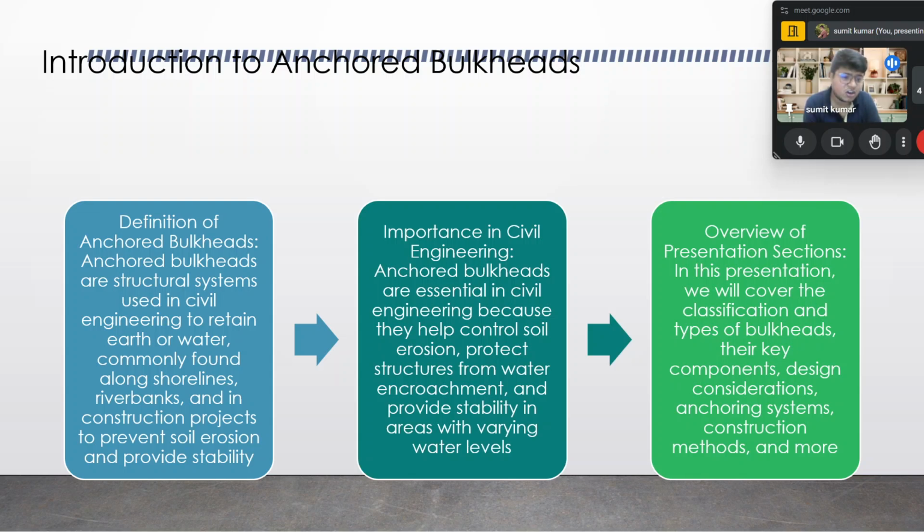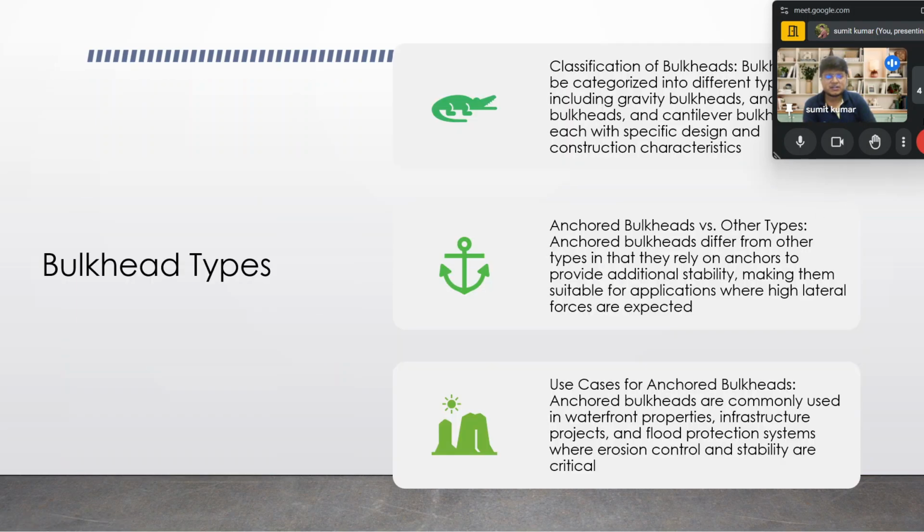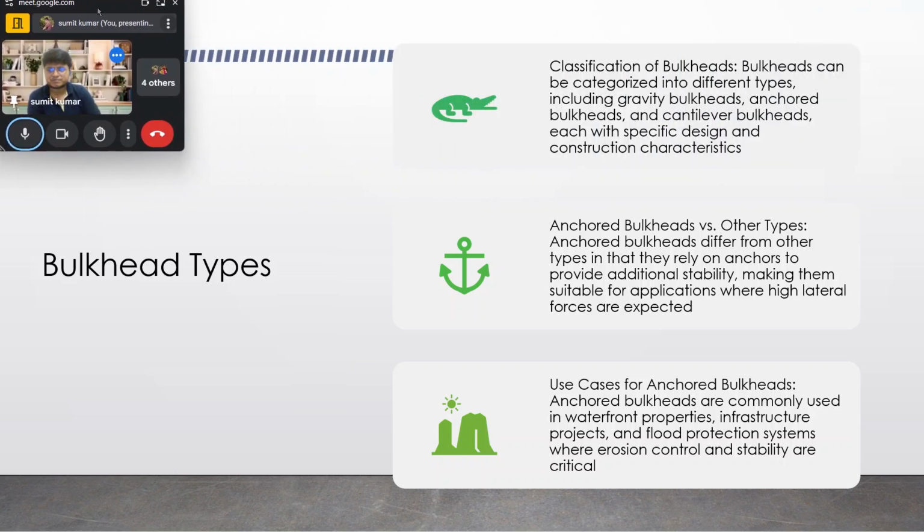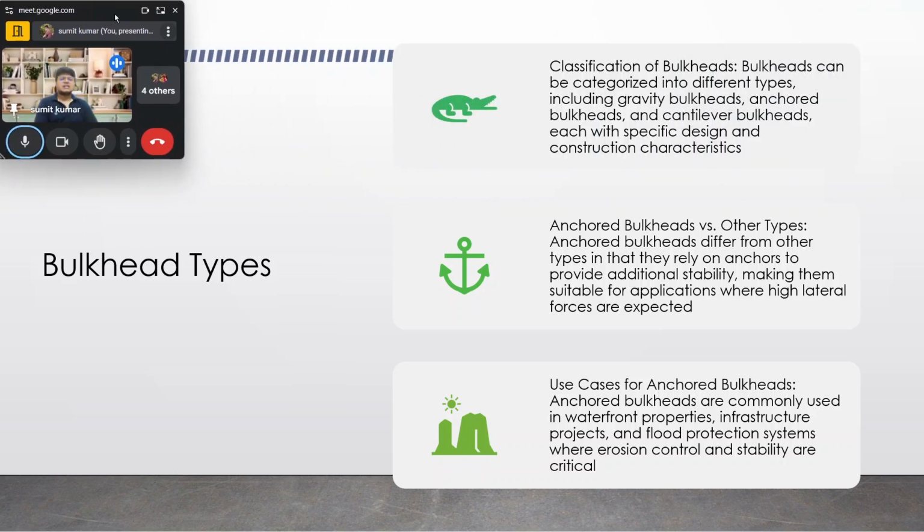And what we are going to discuss in this presentation regarding the same: we will cover the classification, types of bulkhead, their key components, design consideration, anchoring systems, construction method, and many more things. When we talk about the bulkhead types, the classification of bulkheads, bulkheads can be categorized into different types, including gravity bulkheads, anchored bulkheads, and cantilever bulkheads, each with specific design and construction characteristics.